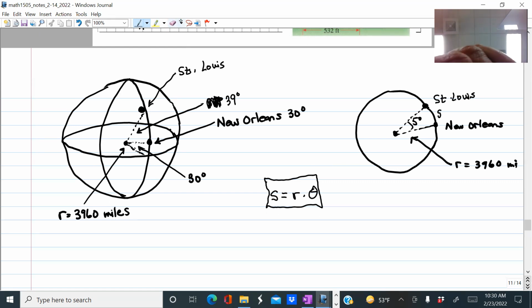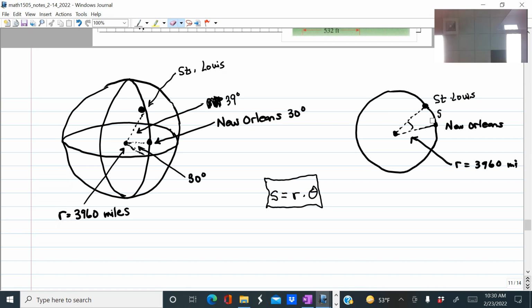And what's this angle now that's going to be between these two cities? Well, remember, New Orleans is at 30 degrees latitude and St. Louis is at 39 degrees latitude. So this angle between the two cities would be what? 9 degrees, right? Okay.